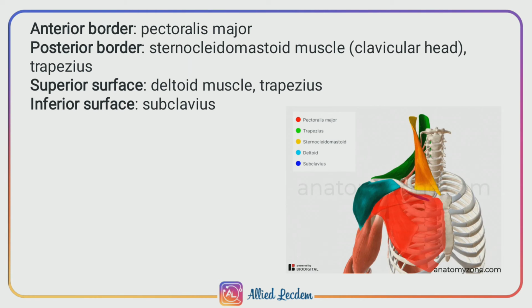The anterior border is pectoralis major, marked red, whereas in the posterior border the sternocleidomastoid muscle is yellow in color, whereas in the superior surface we could see the deltoid muscle and trapezius, blue and green in color, whereas in the inferior surface we could see subclavius.